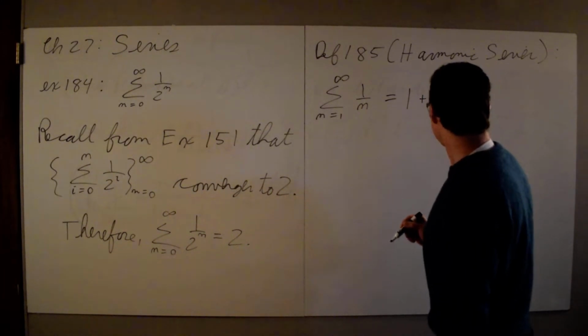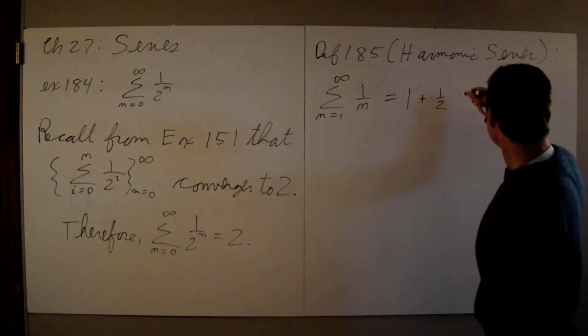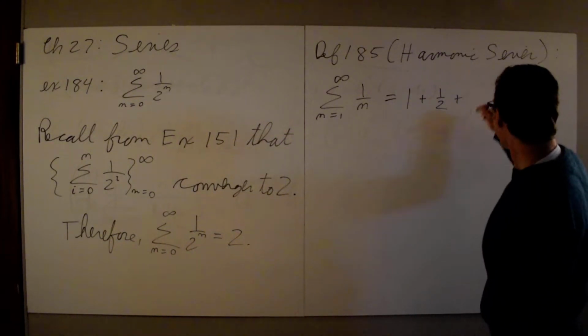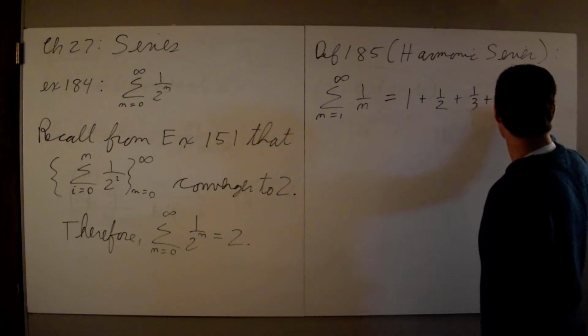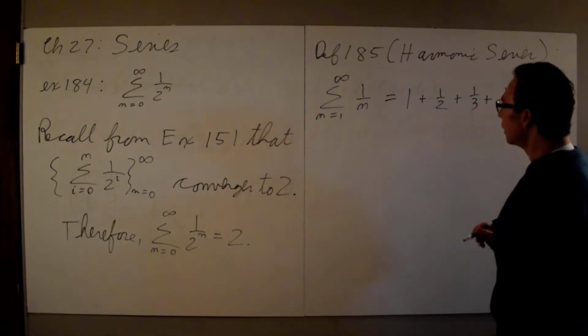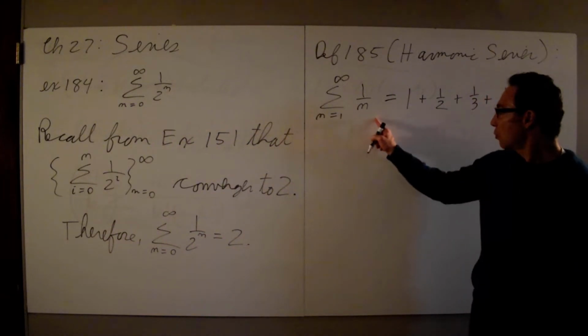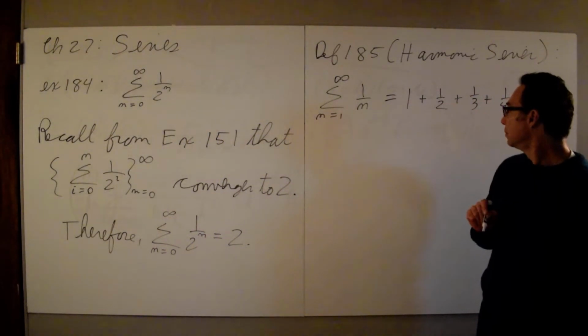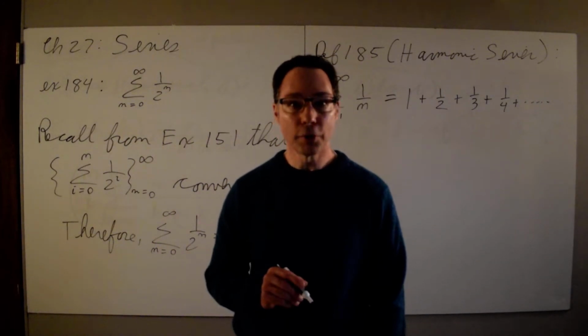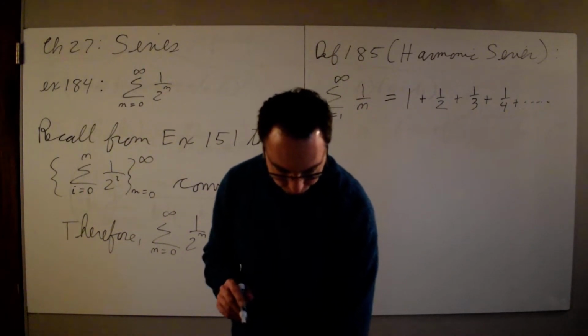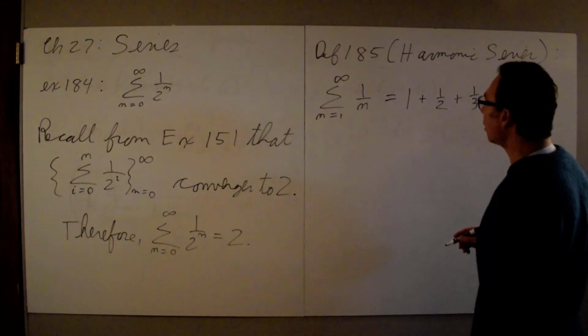The second partial sum is 1 plus 1/2. The third partial sum is 1 plus 1/2 plus 1/3, etc. The sequence of partial sums is increasing. Keep that in mind as we look at theorem 186. So this is the harmonic series.